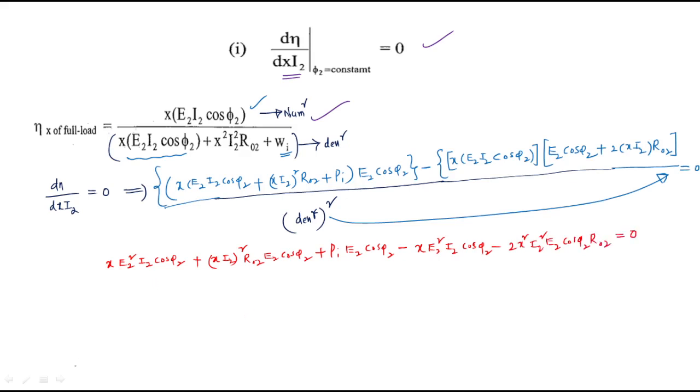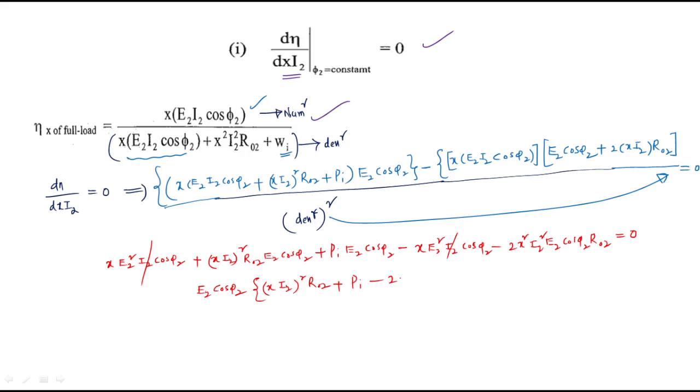So from this we have to take e2 square, this one and this one get cancelled, and e2 cos phi 2 becomes common, right?